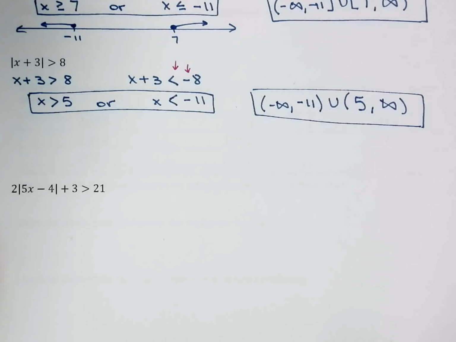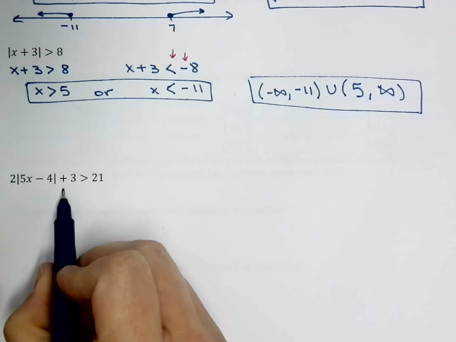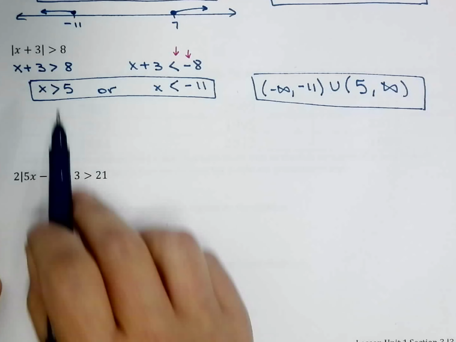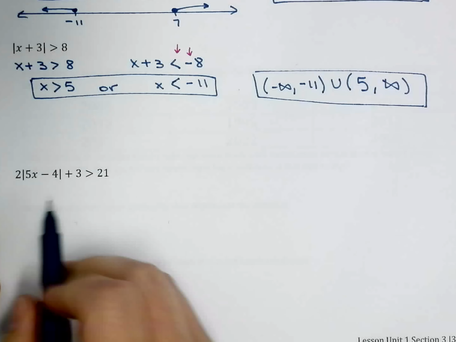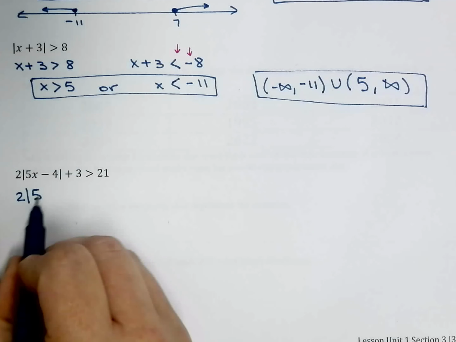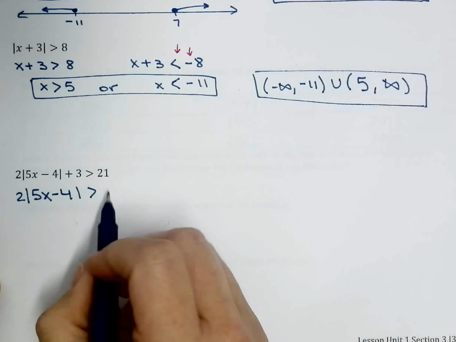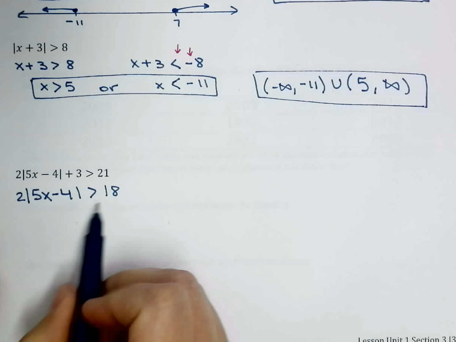Oh, this last one is a good one. The goal here is to isolate the absolute value before you can split that up into linear inequalities. So subtract 3 first, then divide by 2.